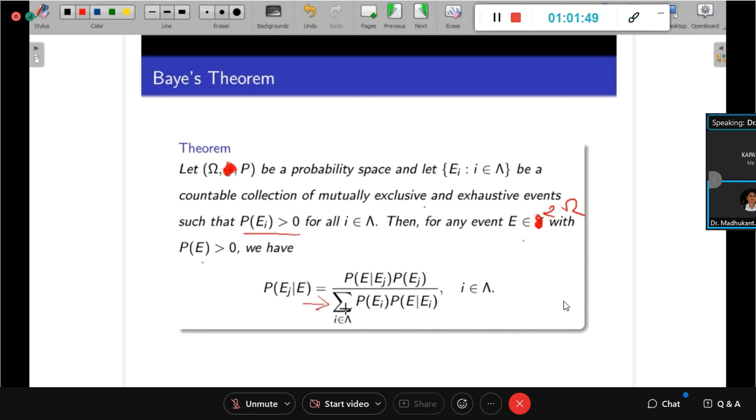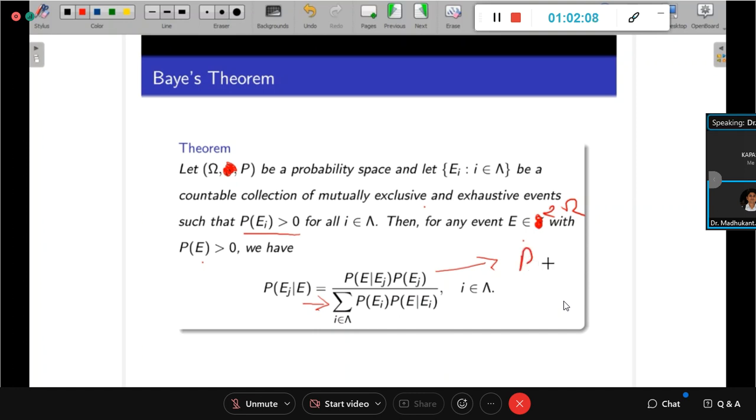If you look at the denominator carefully, this is nothing but the probability of E, replaced by the theorem of total probability.